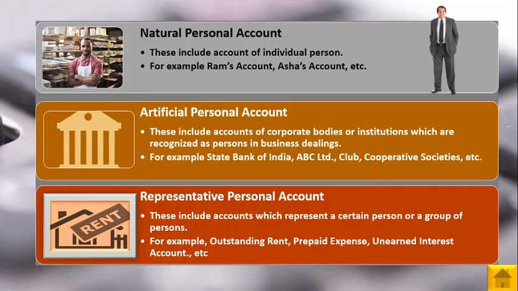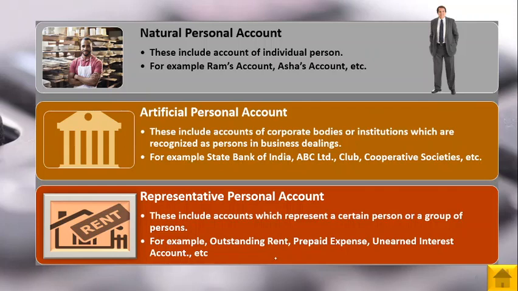So to whom it is due and to whom it is not yet paid, that actually gives you the group of those persons to whom the rent or the wages are not paid. So whenever there is a prefix, you can say outstanding, prepaid, unearned, that becomes your personal account, because this actually represents the group of persons to whom the expenses are not yet paid or from whom income is not yet received. So that is representative personal account.